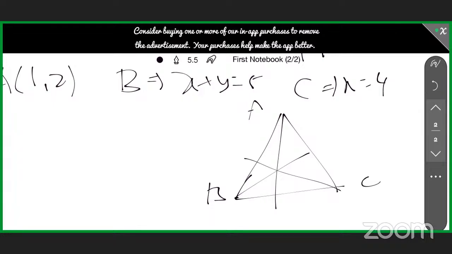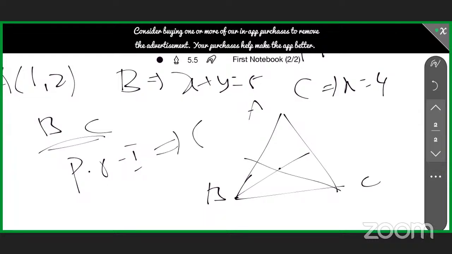Whether I draw a median from A or not, this point is already a point of intersection. Therefore, using the lines from B and C, find the point of intersection. This point of intersection is nothing but my centroid.